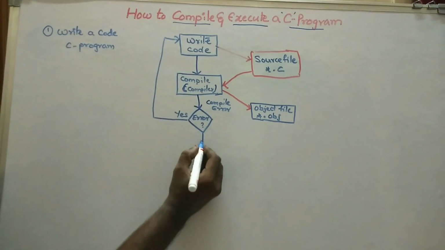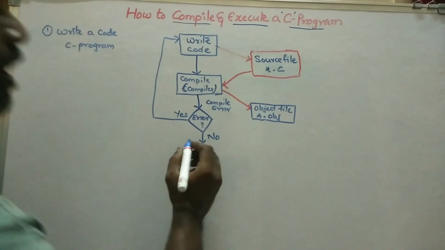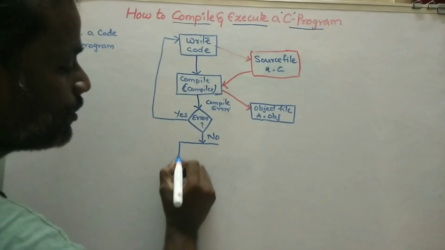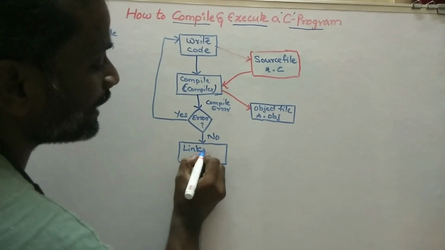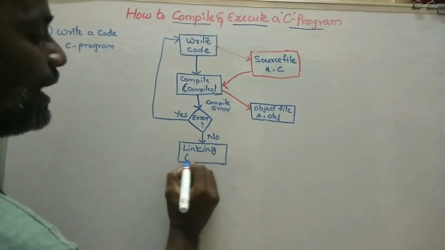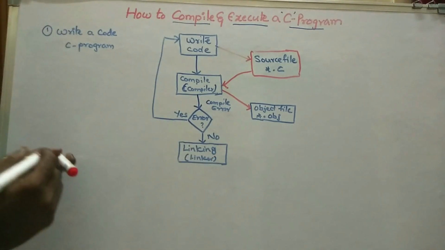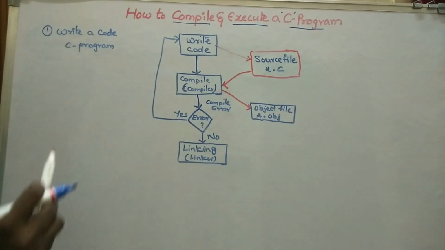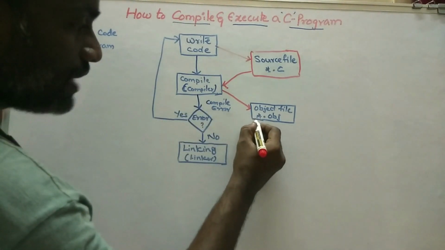Suppose there is no error. Now what can you do? We have to link the program, that is, linking. Simply you can call it a linker. The linker here means you link the object file that was generated.